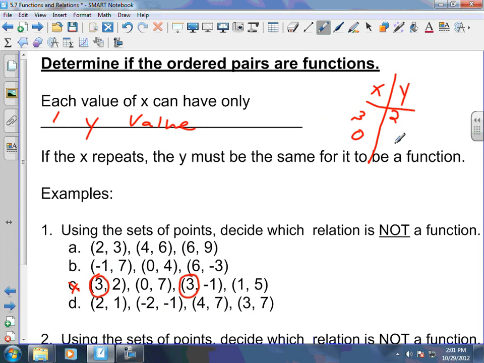When x equals 0, y equals 7. When x equals 3, y equals -1. Well, with my function, y equals mx plus b, if x is 3, it can only have one answer mathematically. If it has more than one answer, it's not a function. That's why C is not a function.